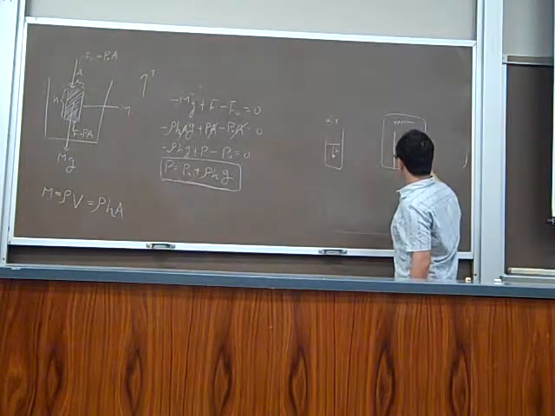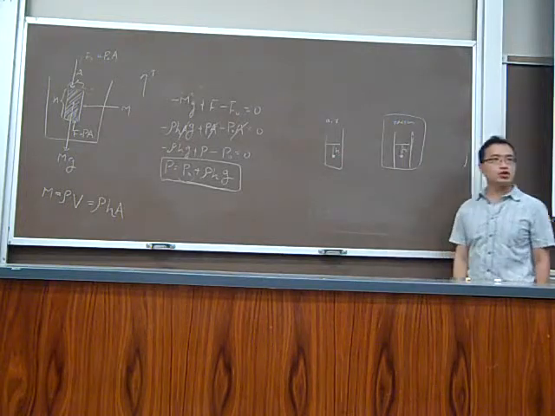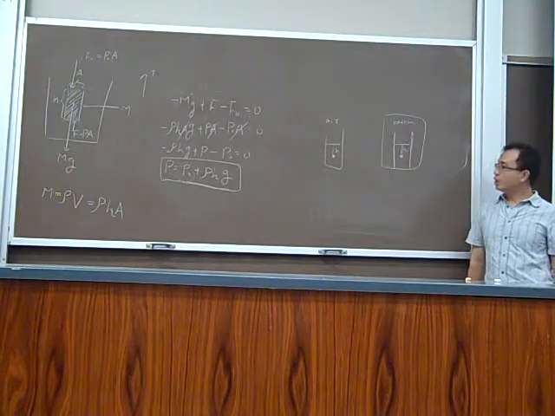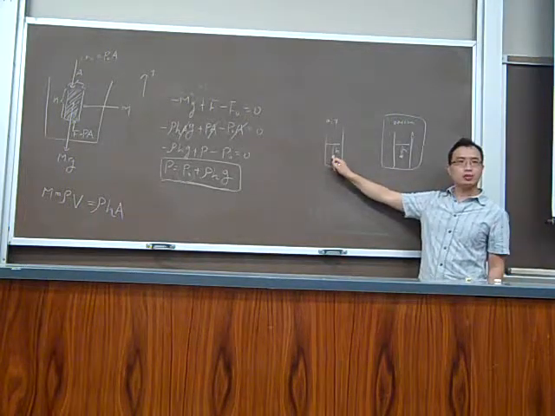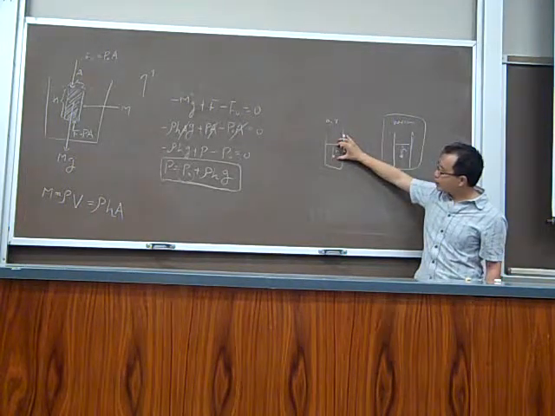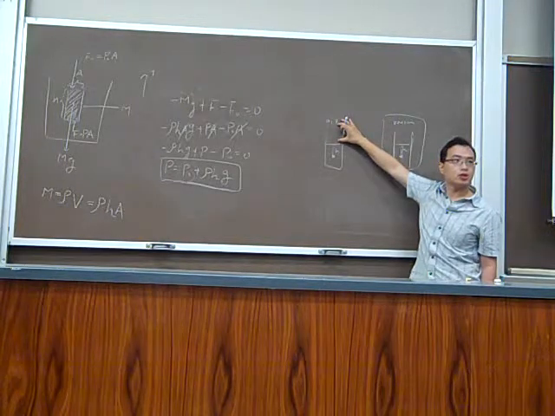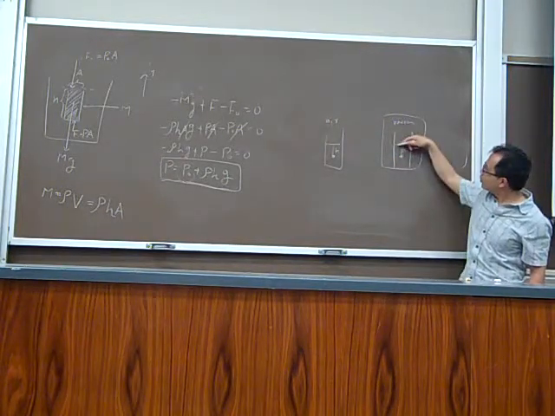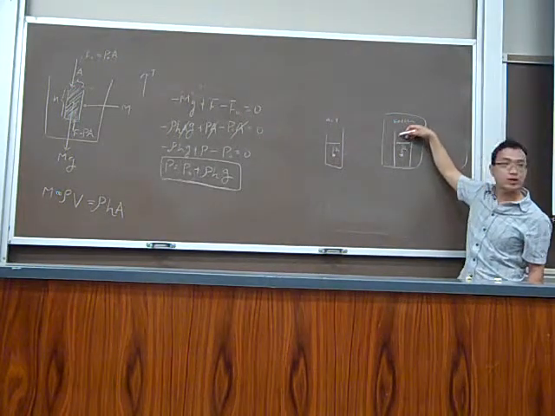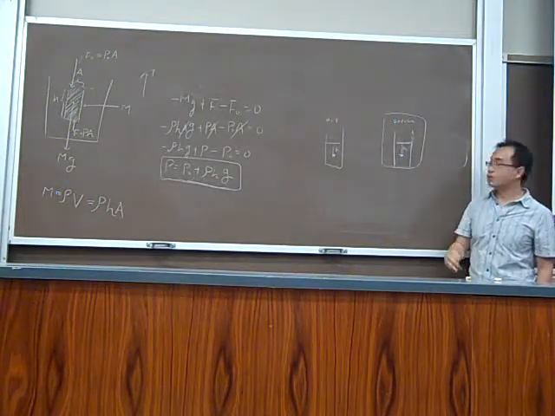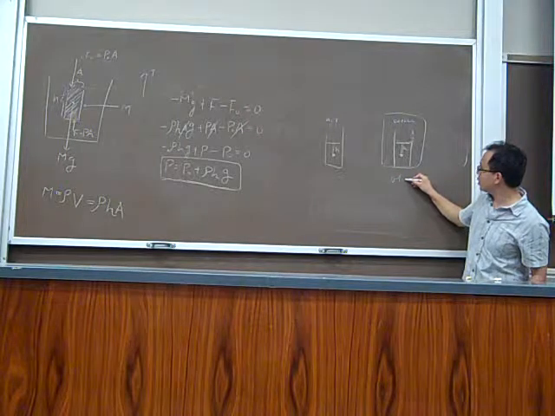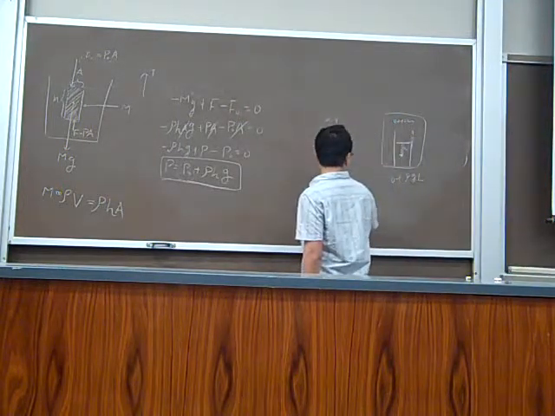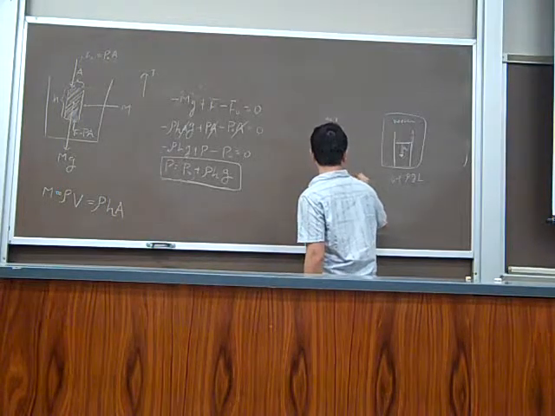For the same height h, do you have the same pressure or different pressure? Which one is larger? The air is larger. So the pressure here is larger because that's the pressure from this part plus the air pressure at the surface. But if you place it in the vacuum, you don't have pressure at the surface. So this is 0 plus rho g h. This one is P naught plus rho g h.